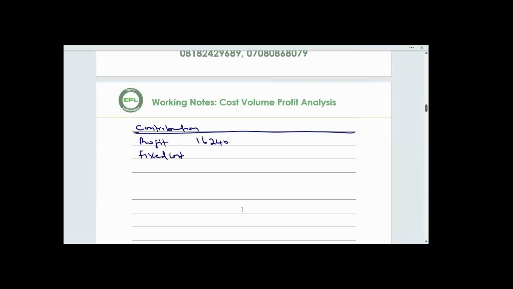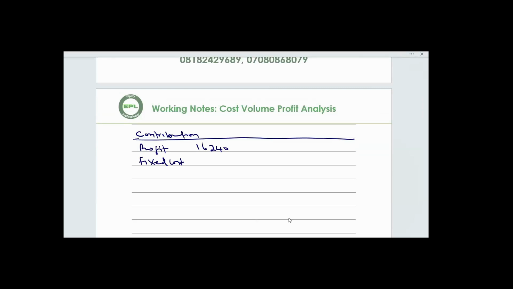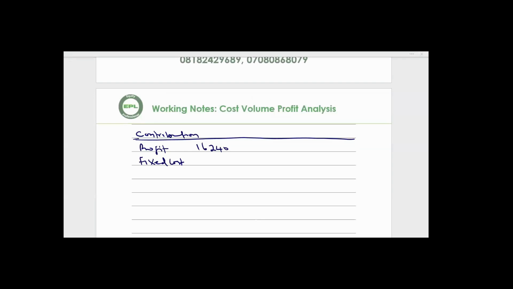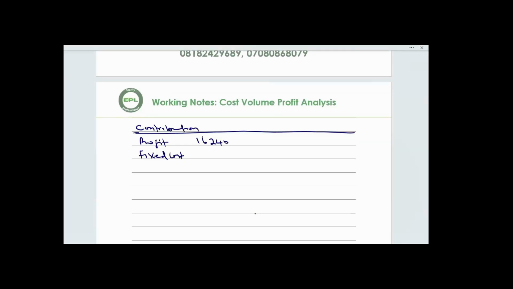All right, fixed cost. There are two elements of fixed cost. We have fixed overhead of 2,240. We also have fixed selling and admin expenses of 8,320. Okay. Let me come here.